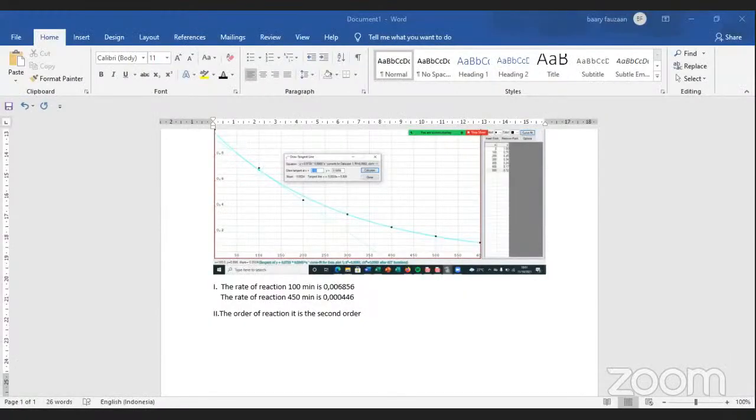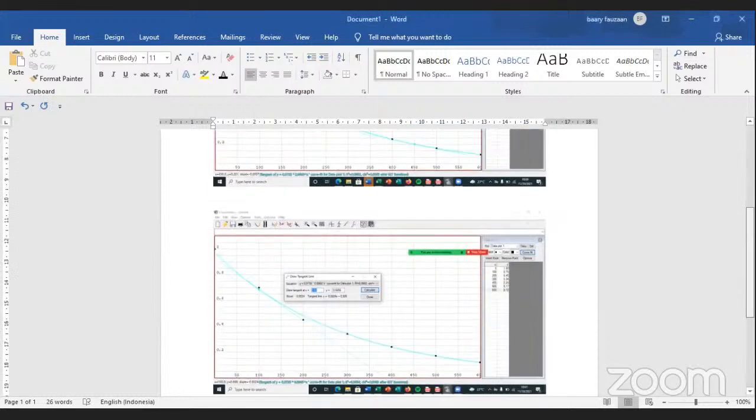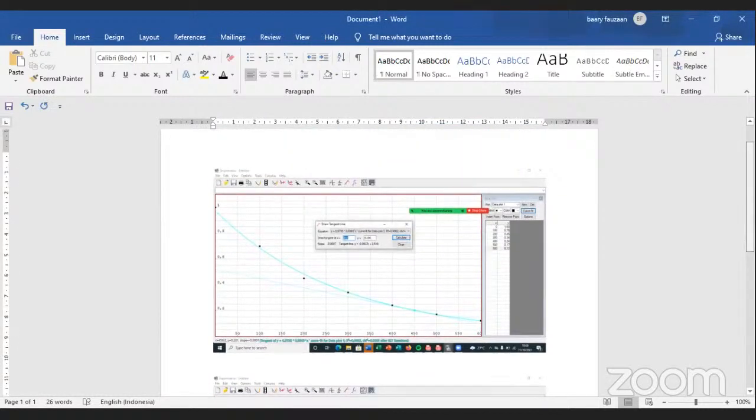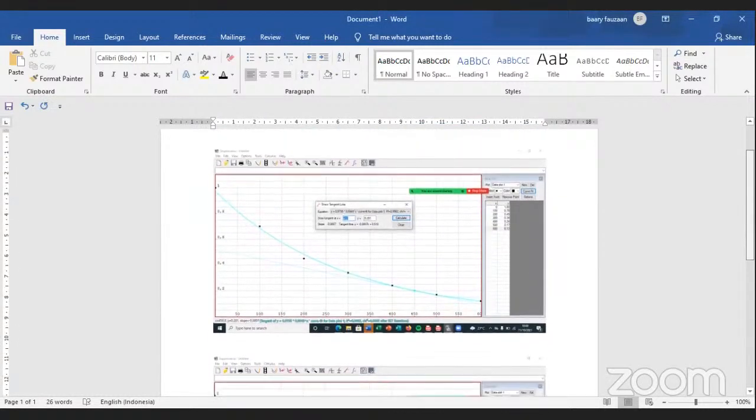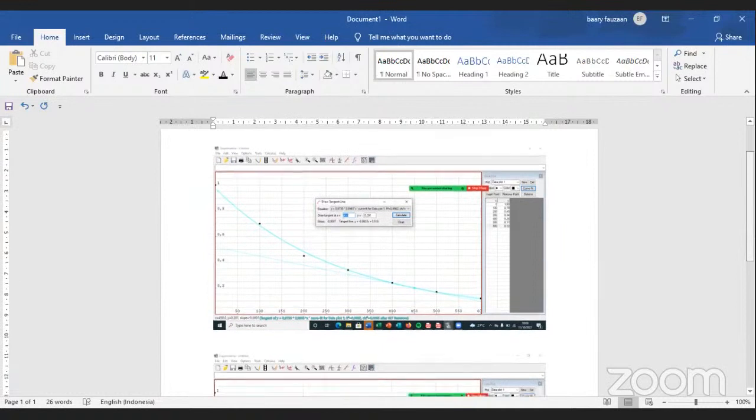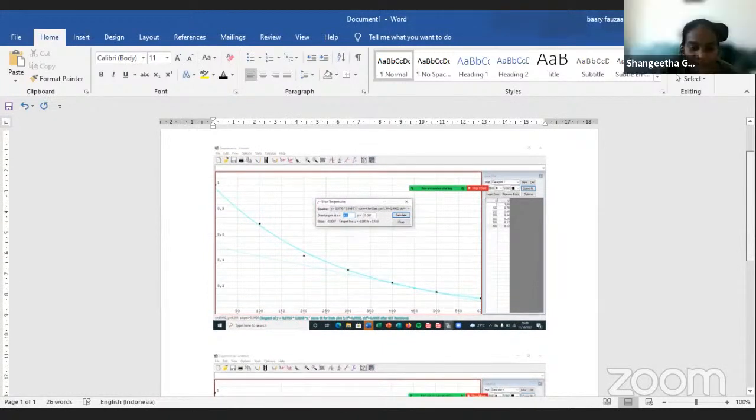Okay, I'm going to share now. Please go ahead. We have made the graph in Graphmatica. This is the result for 100 minutes, and this is for 450 minutes.